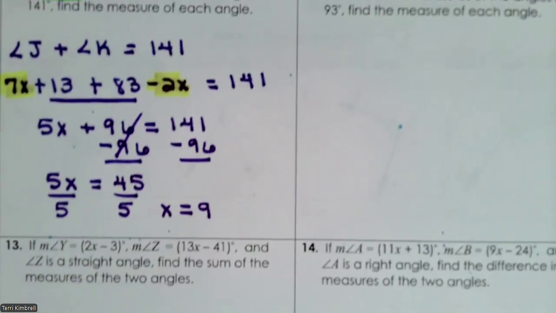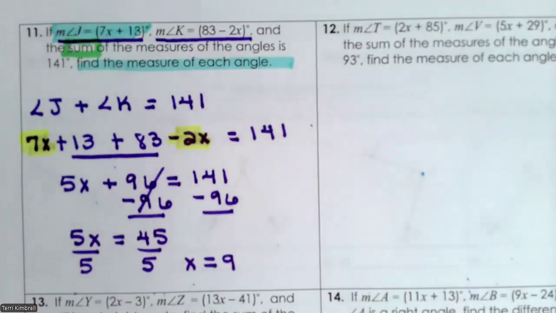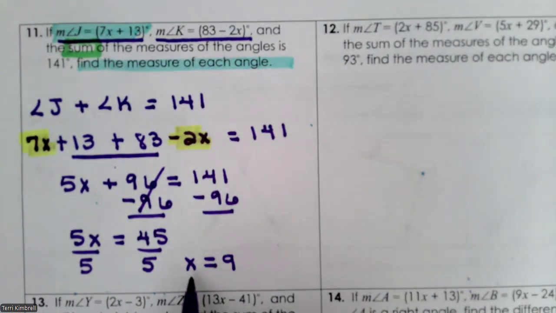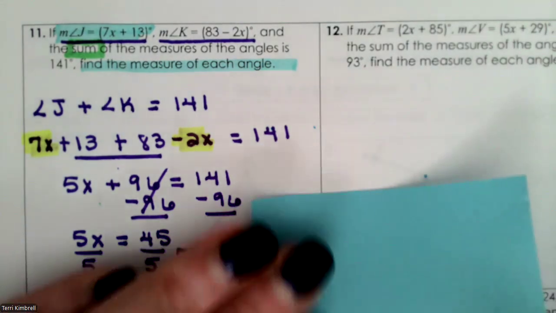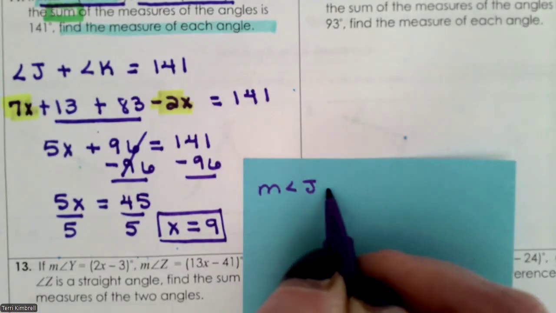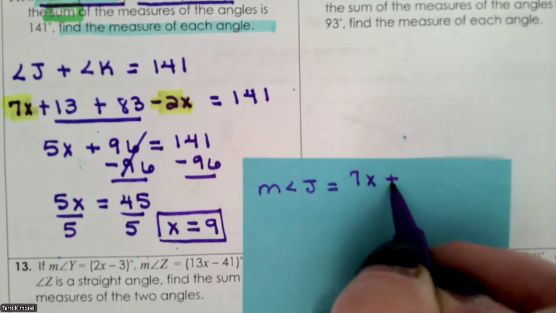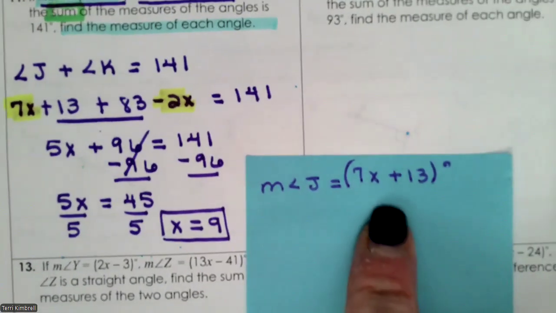Now pay careful attention to what the question is asking for. It's saying find the measure of each angle. So this was angle J. I know what x is now, so I can figure out angle J. So to get angle J, I would take x and plug in for x.